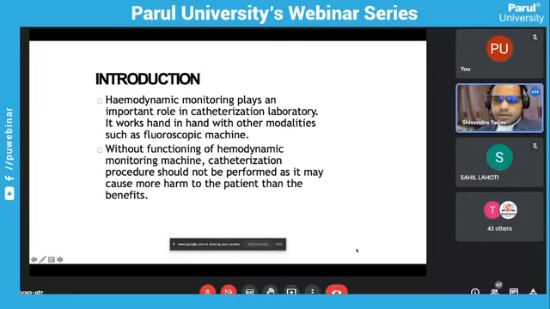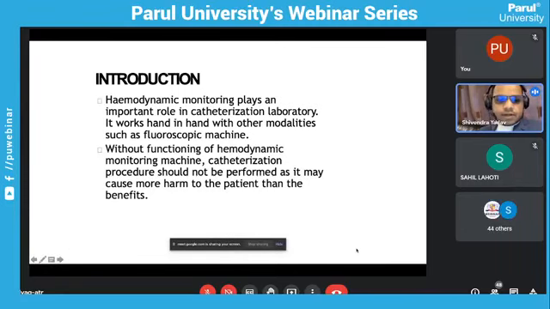Basically, hemodynamic monitoring is a very important part. You can say that it is an integral part of cath lab procedures. Any cath lab procedure, you cannot do without hemodynamic monitoring, and it works hand in hand with all the other modalities.